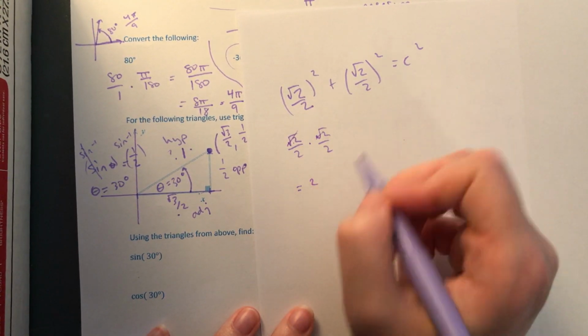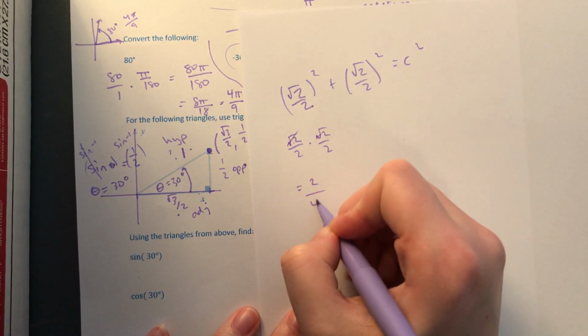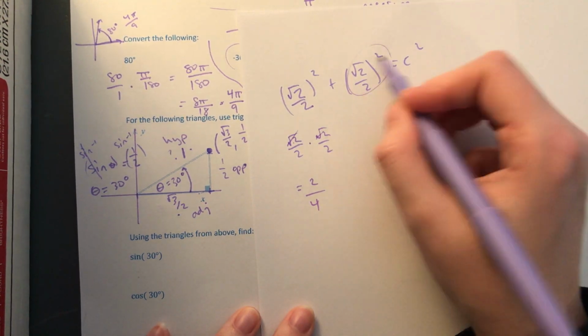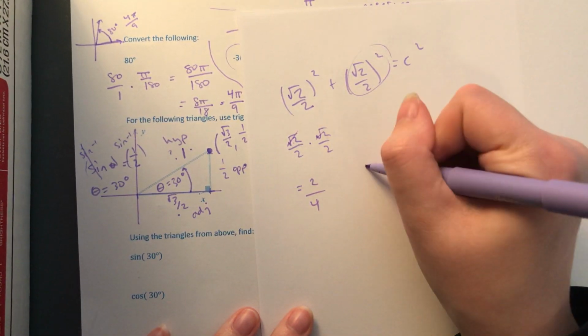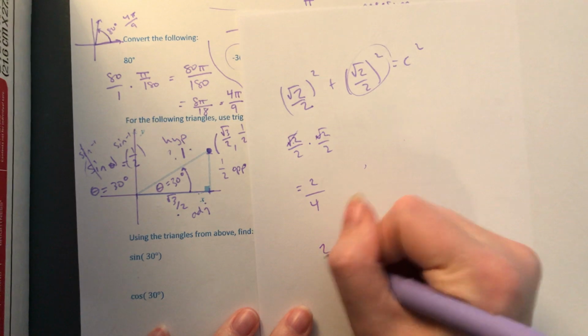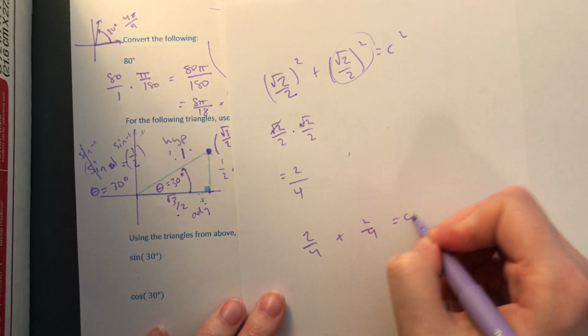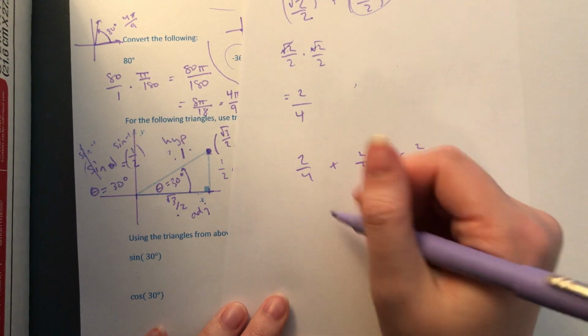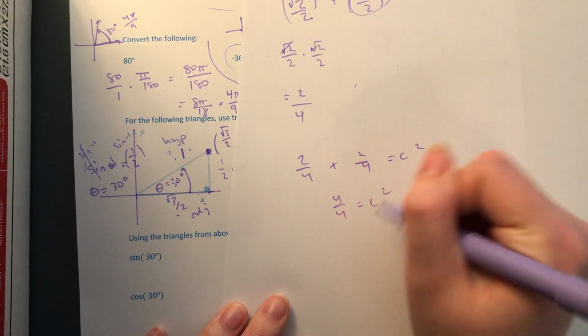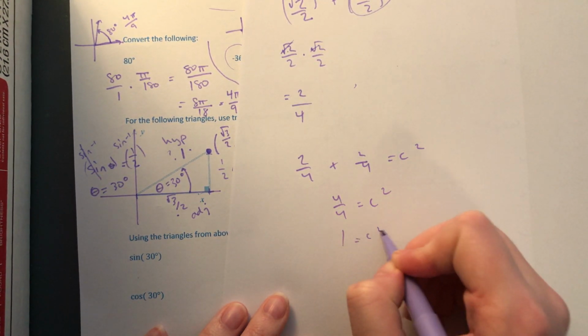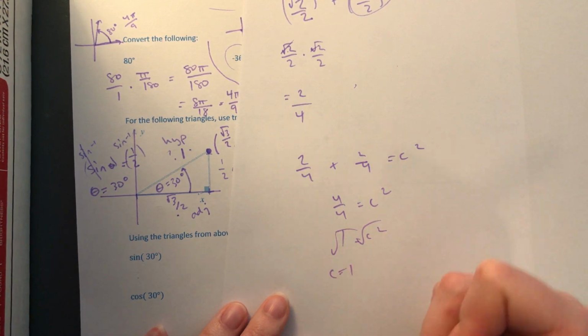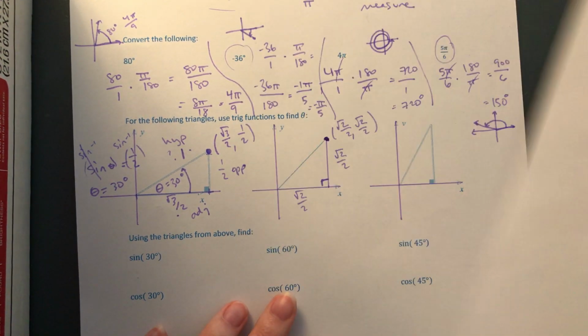The square roots cancel out when you multiply them together. Over 2 times 2 is 4. And then obviously this is going to be the same thing. So we've got 2/4 plus 2/4 equals c squared. 2/4 plus 2/4 is 4/4 equals c squared. That's really just 1. Square root, c equals 1. So once again, our hypotenuse here is 1.